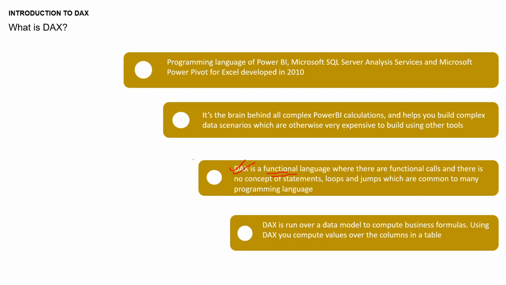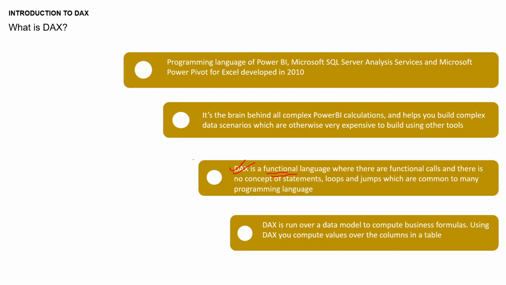Another point is that DAX is always run on a data model, which means that you have to have a data model in place over which you will write all your DAX expressions. And DAX expressions are written over the columns of a table, right? You might have seen in Excel that you can write different expressions for different cells within the same column, but that is not possible in DAX.